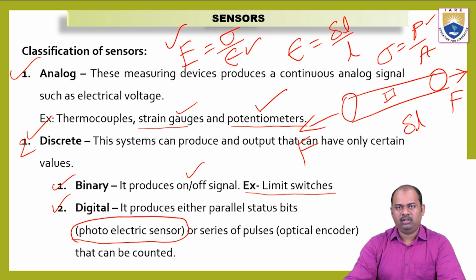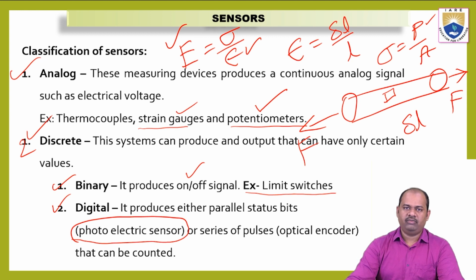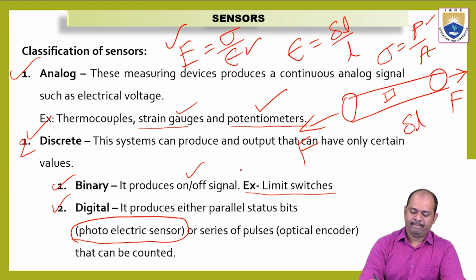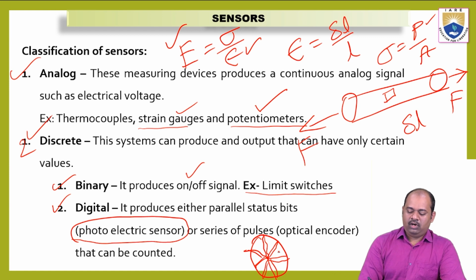Here, the optical encoder is used for measuring the rotation of a body. This optical encoder is a disc which has some grates on it. Grates means slits. It has a lot of slits on the surface. On one side we have a light source, on the other side we have a sensor. The light from the source will come through the disc and fall on the sensor.